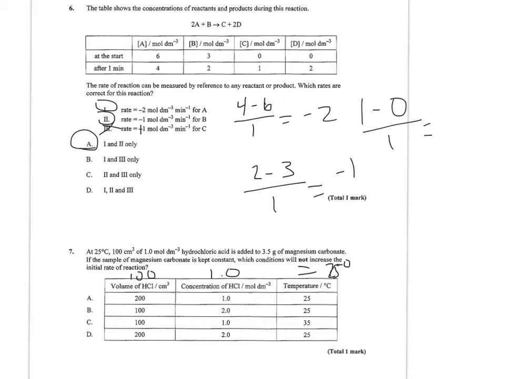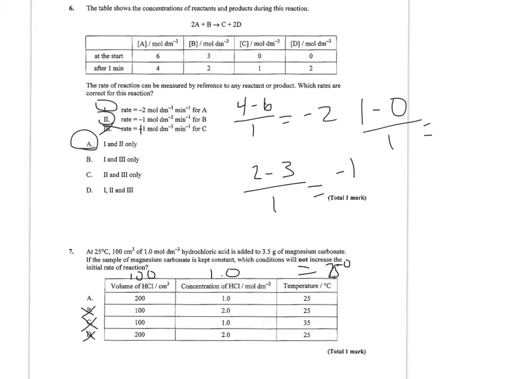Well, as I look down, C will increase it because you've increased the temperature to 35. So that one I can cross off. The concentration, if I increase the concentration to 2 moles, that's also going to increase it, because more concentrated is going to make collisions happen more frequently. So it appears that A is my only possible answer.